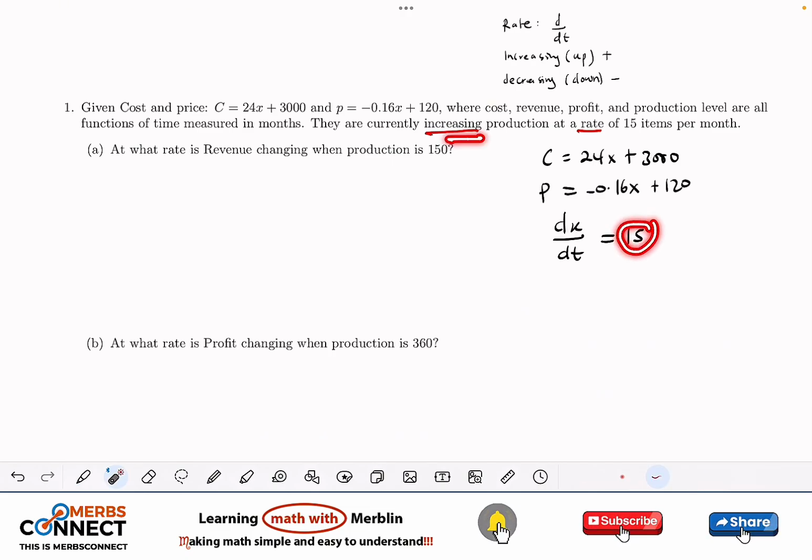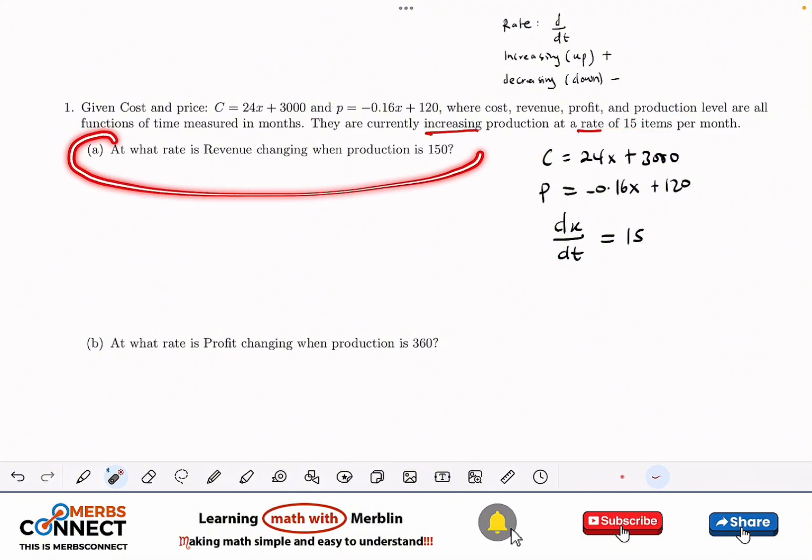Increasing means that this is going to be positive, rate d over dt. But I need a function here to put in. The function they are talking about is the production. The production in this question is the quantity, which is the x that we are going to produce. So this is from the preamble.